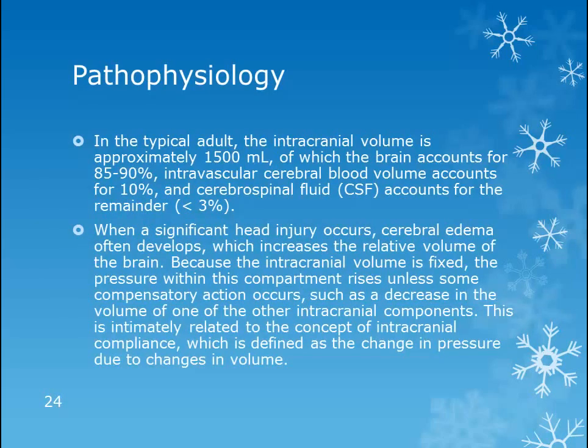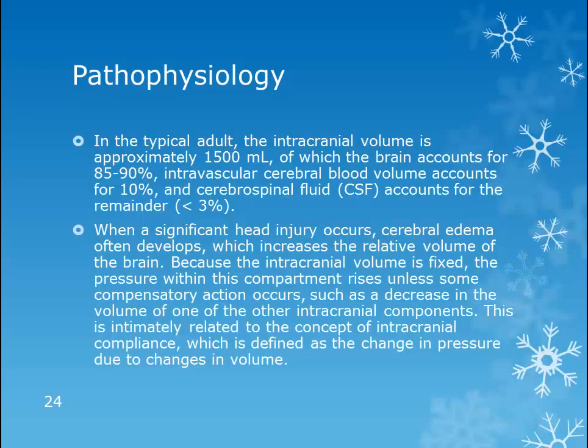Pathophysiology. In the typical adult, the intracranial volume is approximately 1,500 mLs, of which the brain accounts for 85 to 90%. Intravascular cerebral blood volume accounts for 10%, and cerebrospinal fluid accounts for the remainder, about 3 to 10%. When a significant head injury occurs, cerebral edema often develops, which increases the relative volume of the brain.